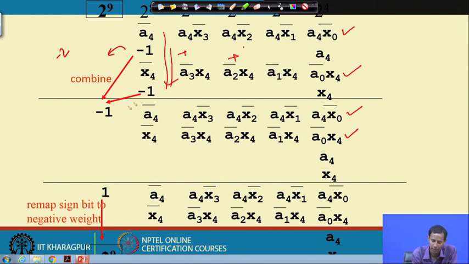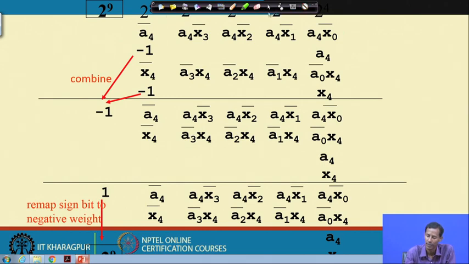Then this minus 1 will come at the 2 to the power 9 position. Minus 1 means this is nothing but a negative weight, so if this bit is 1, this will be minus 2 to the power 9. And the rest of the equations are something like this.